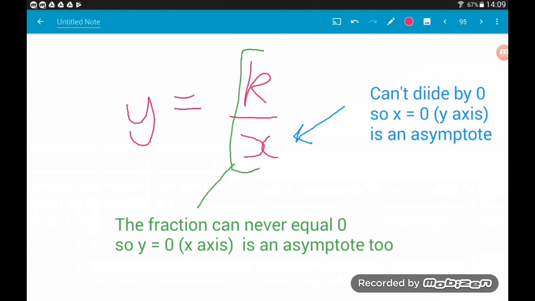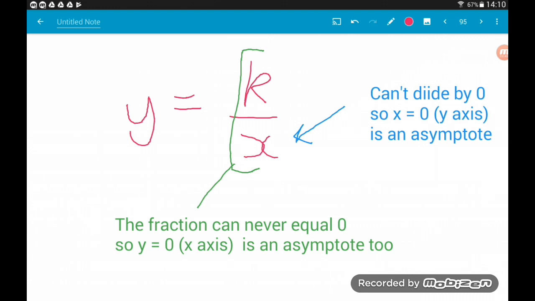Or, as x gets smaller and smaller, so something like 0.00000000001, k divided by that is going to be massive. So when x is equal to 0, we have this asymptote, and that makes the y-axis an asymptote. The y-axis is the line x equals 0.